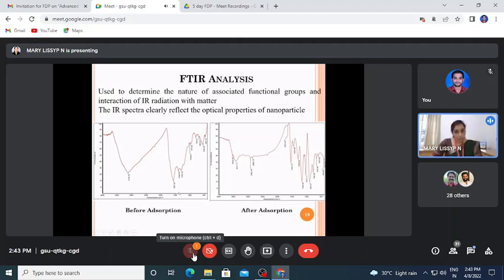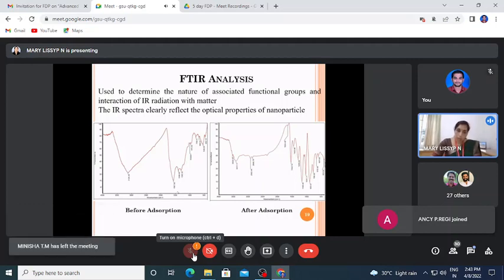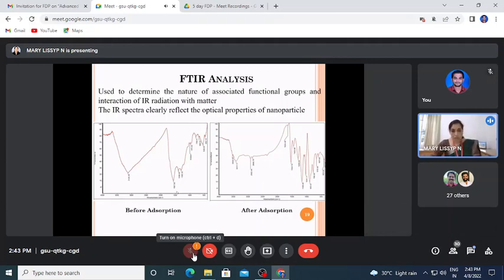If alumina iron oxide, certain bands like carbon-carbon single bond, carbon-carbon double bond, CH bond, iron oxide, like that, so many chemical bonds should be present. Those are to be checked. Then only we can conclude that it is a polypyrrole composite.